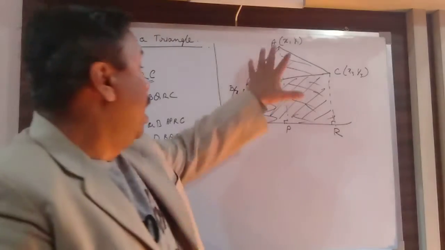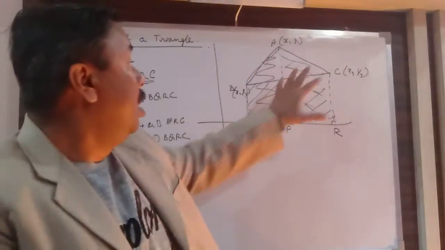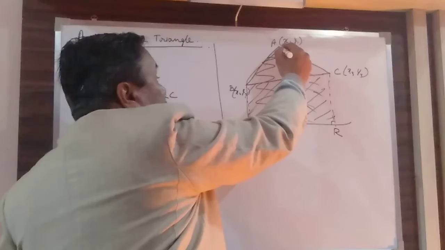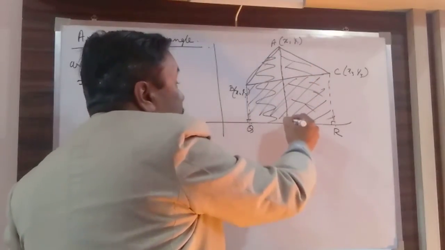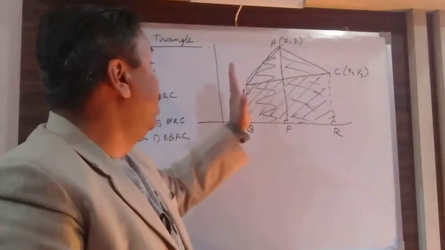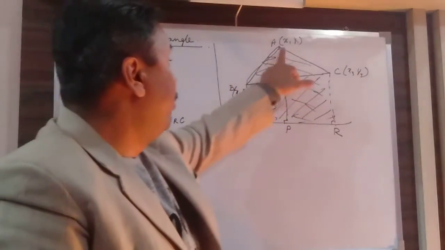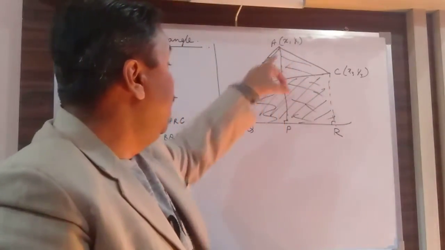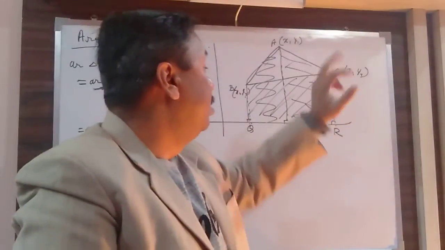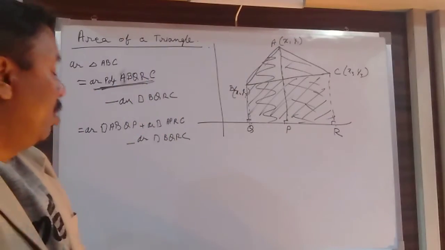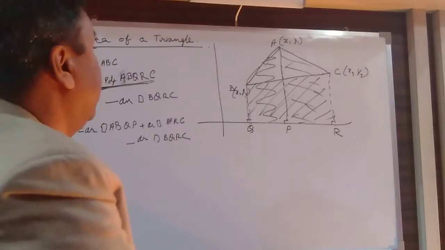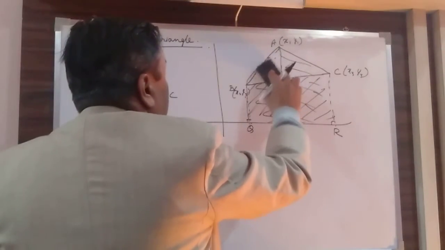See, the total area I have divided into two parts. If I divide it from here, you get one quadrilateral this side, ABQP, and one quadrilateral on the other side, that is APRC. Now let me clear this so that you can understand better.